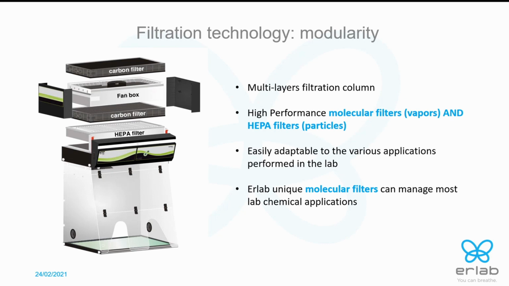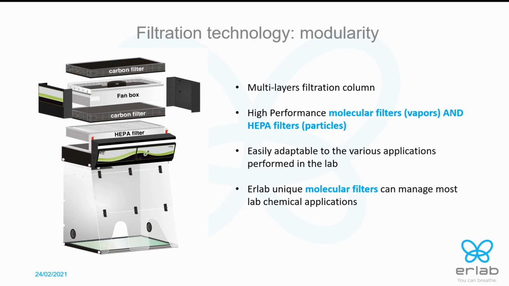There are two main types of filtration: the particulate filtration, and the carbon filtration. The particulate filtration, which is meant to filter particles, powders, dust, etc., is done through HEPA filters.